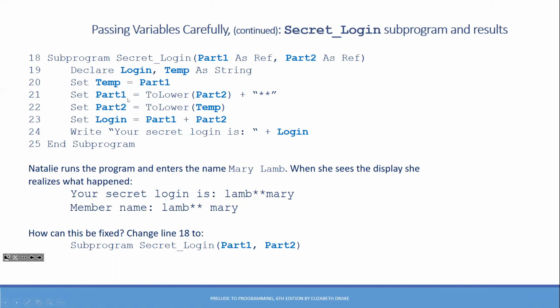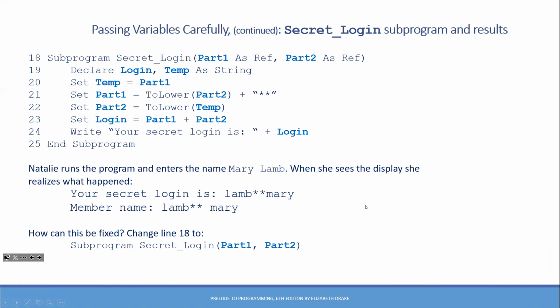Are those variables both now the same values? Because we saved part 1 in temp. Oh, wait, never mind. We're saving part 2 and part 1, and then we're going to use temp to switch. So we're kind of switching it up. So she's basically swapped the first name and the last name there. And then the login is going to be that switch, and that's going to be your secret login.